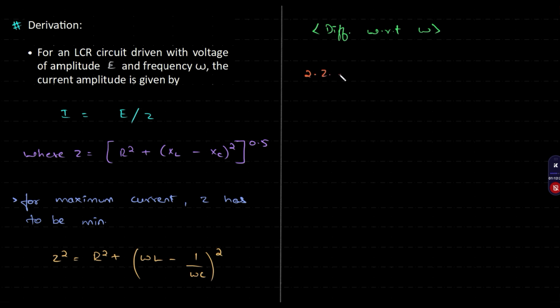So we'll get dZ by d omega, which is equal to 0 plus, since resistance is constant, the differentiation of this expression times L, and this will be plus 1 by omega square C actually.